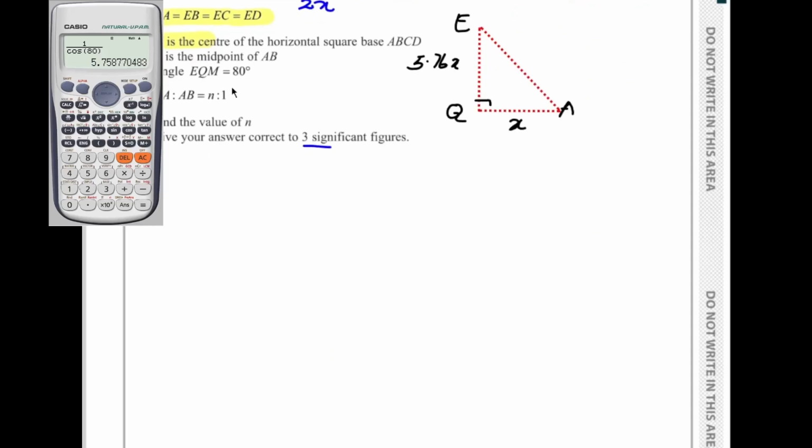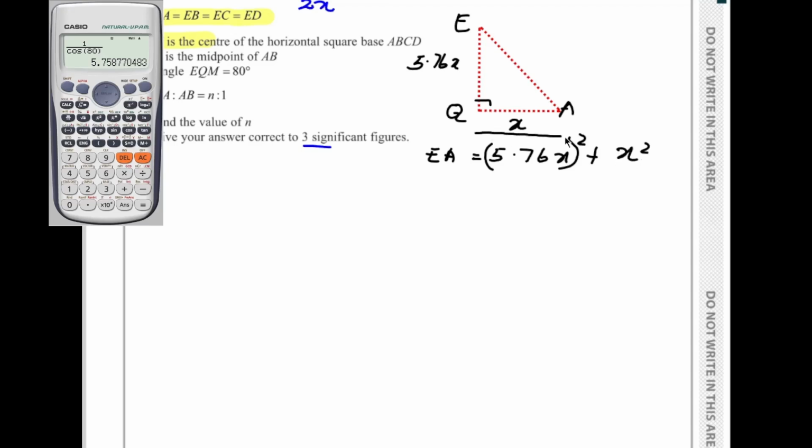So EA equals the root of 5.76x squared, the whole thing squared, plus x squared.